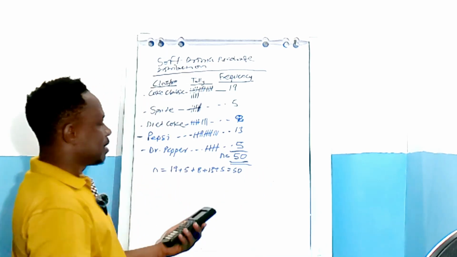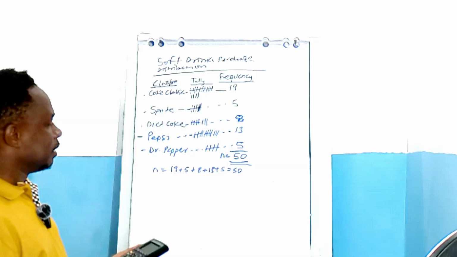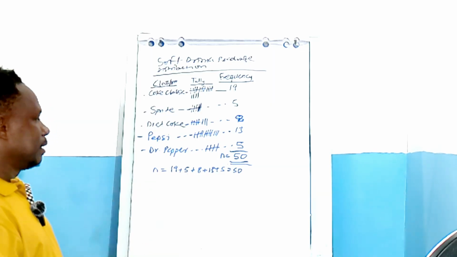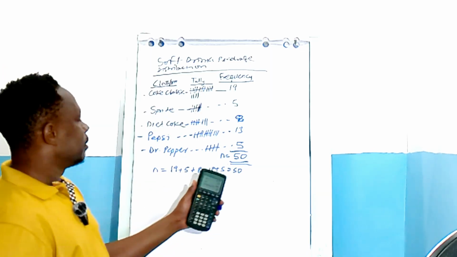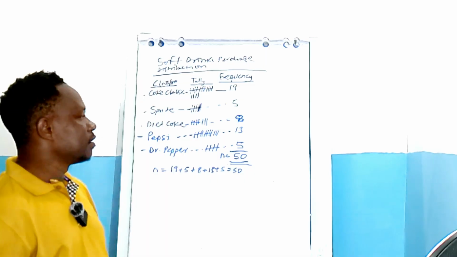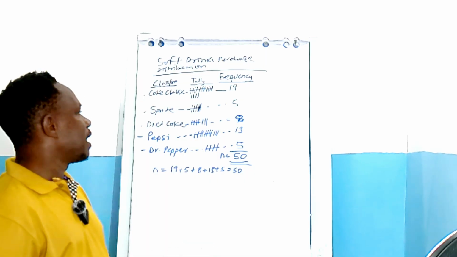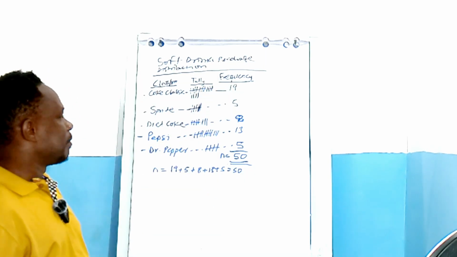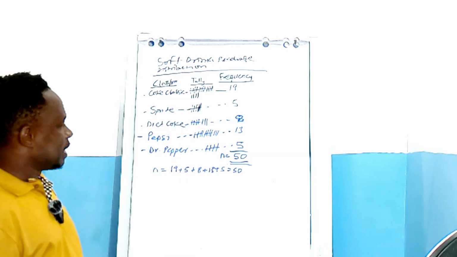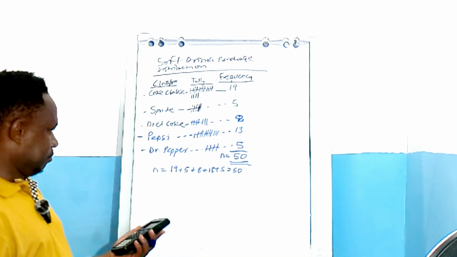So 50, as expected, as stated in the question. The question said 50 soft drinks were sampled. So you can see that makes 50. With this now, we can interpret this data.